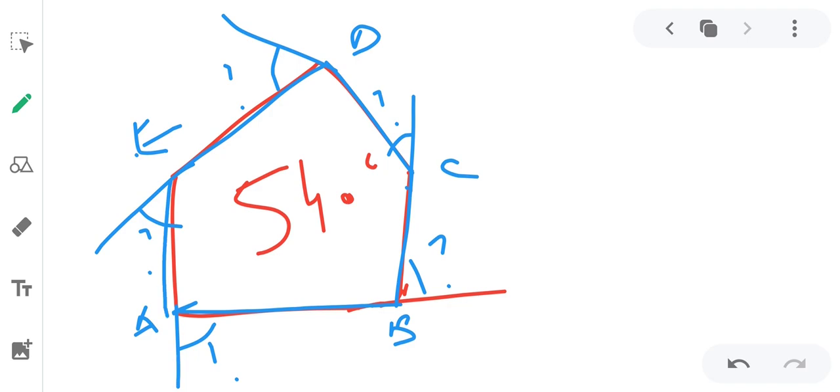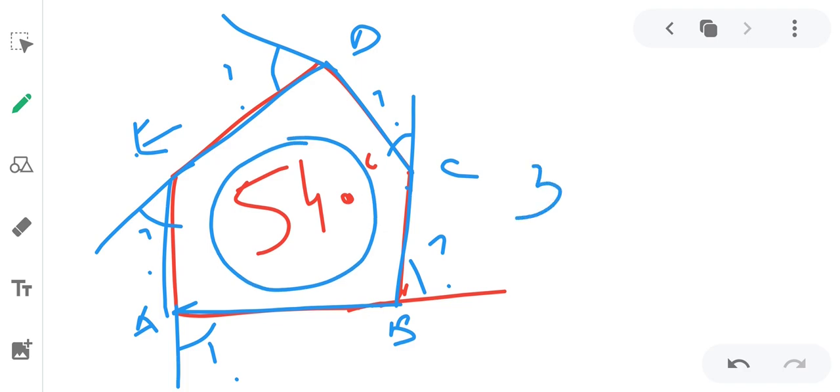You have moved by a complete angle, that is one complete rotation, which measures 360 degrees. So we can say that the sum of exterior angles of a polygon is equal to 360 degrees.